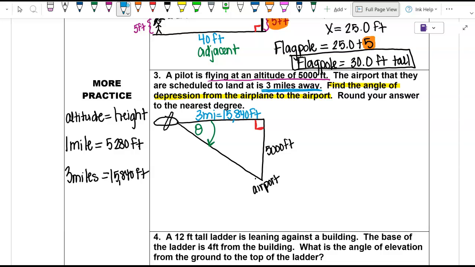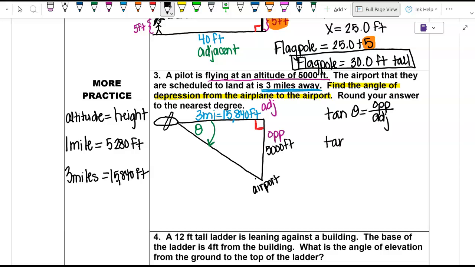All right, now I can go to addressing my opposite, adjacent, hypotenuse. So from that angle theta, if that is my reference angle, what does the 5,000 feet represent? The opposite. And what does the 15,840 feet represent? Adjacent. So which of my functions deals in opposite and adjacent? Yeah, so the tangent of theta is my opposite over my adjacent.